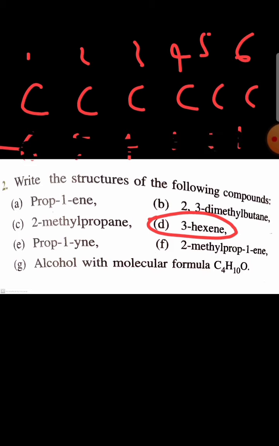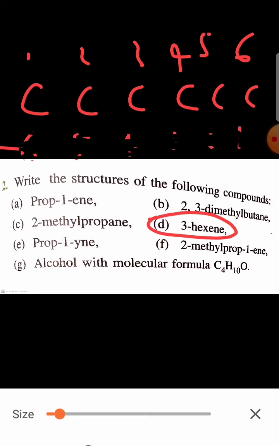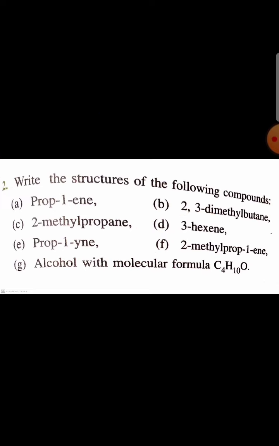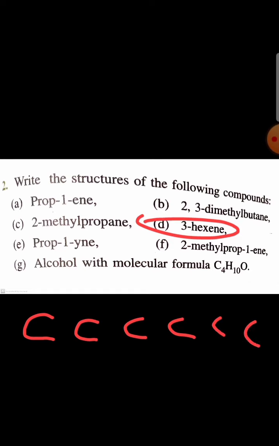Now it says you have to put the double bond at which carbon. 3-hexene is the name. Hex means 6 carbon atoms, 1 2 3 4 5 and 6.